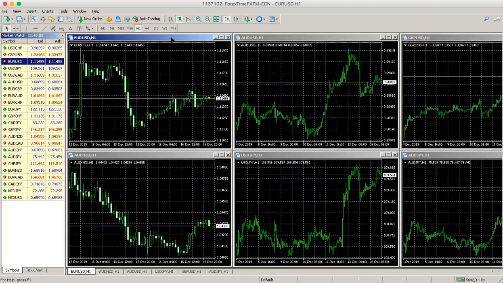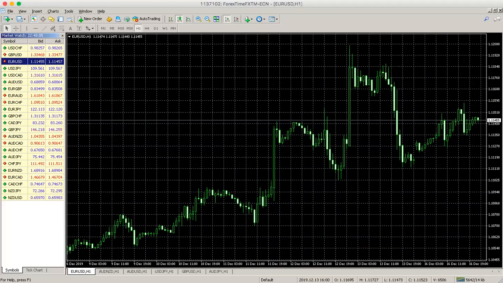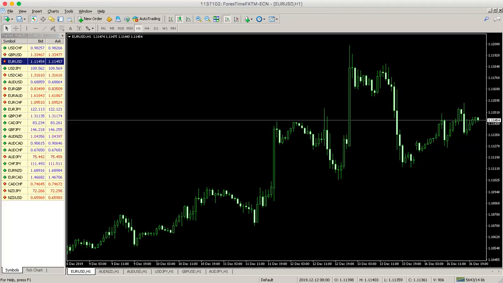Okay, let's see EU. Now this is what I mean. If you look at this chart, you will observe that on the 1 hour time frame, there's a strong downtrend from here. Strong downtrend from here.